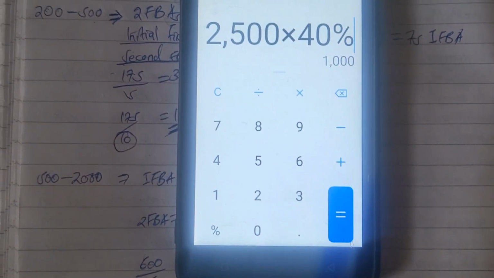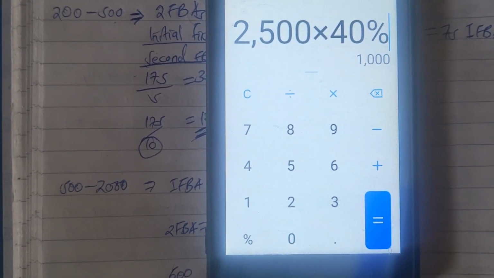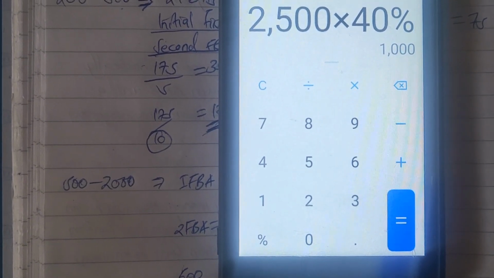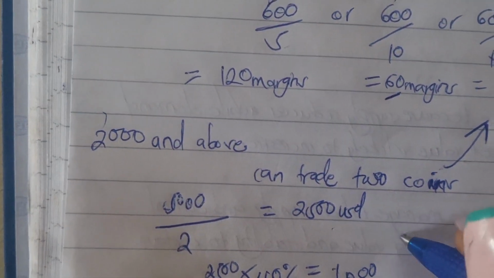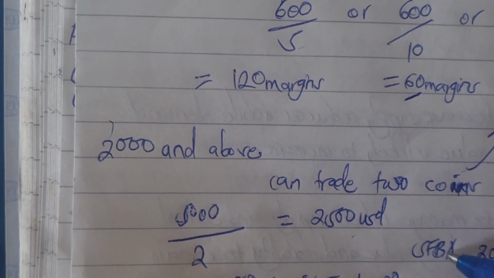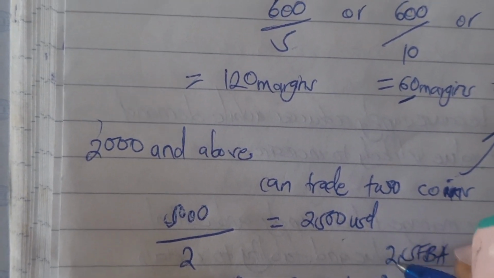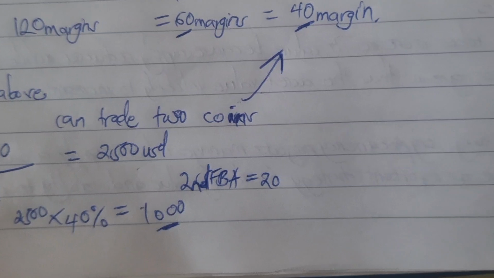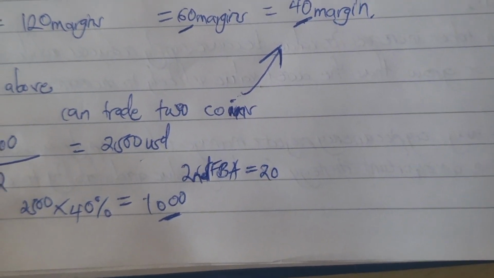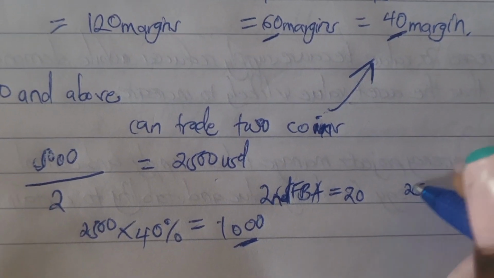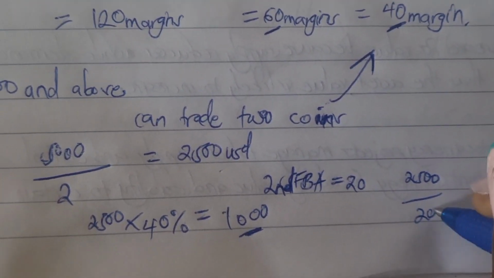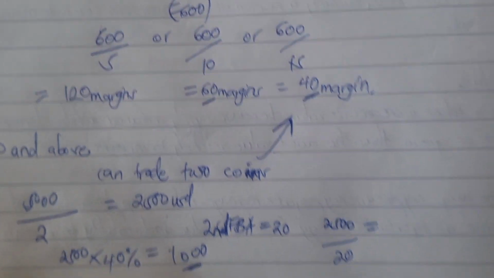And since you have good capital, you may use a first buying amount of 20. Let me write it in letters so that it doesn't confuse you. Second first buying amount, you can put at 20 for people with 2,000 and above capital. So it is going to be 2,500 by 20. How many margin calls do we get?